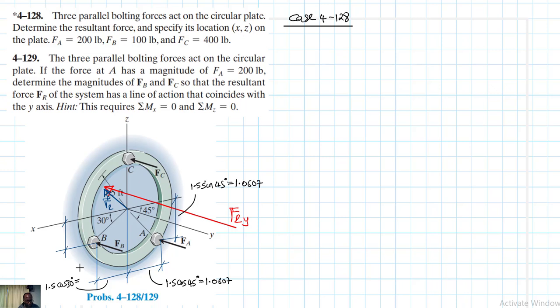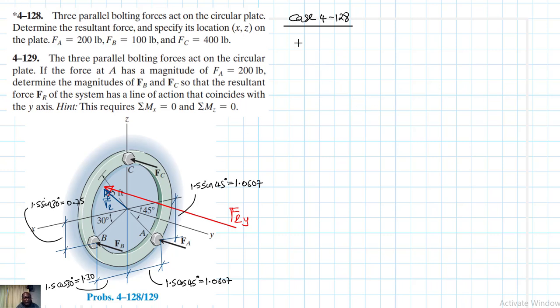Cos 30 is something else, unless sin 30. Cos 30, this is 1.30. This one is the one which is 1.5 sine 30, which is equal to 0.75.